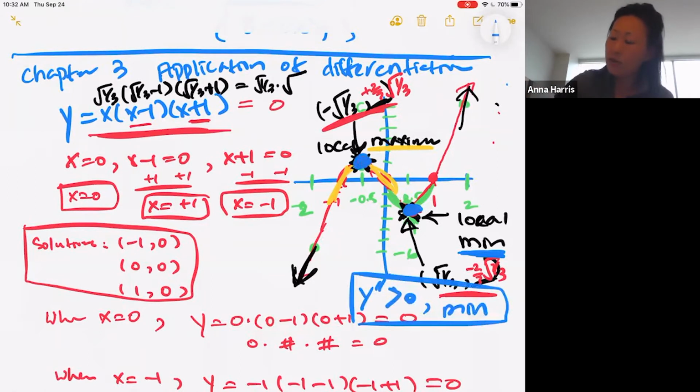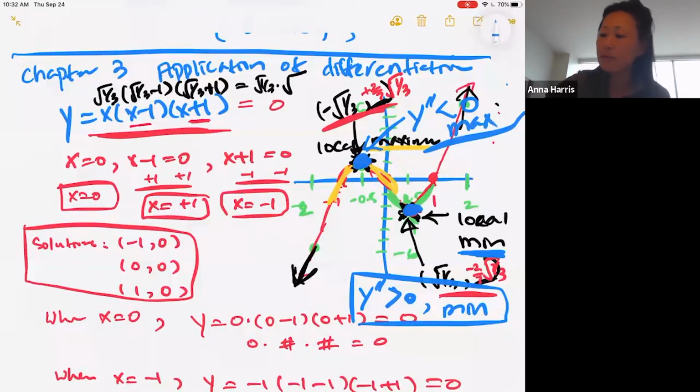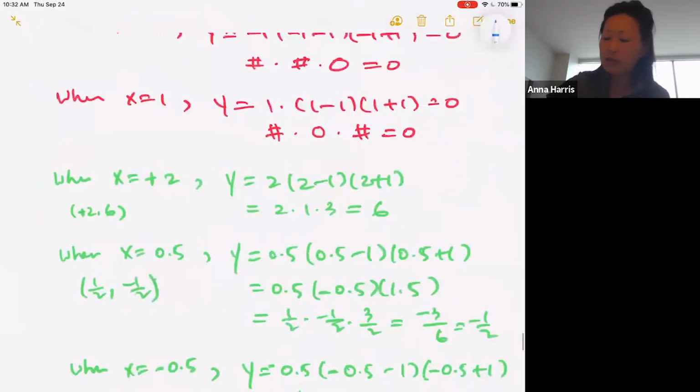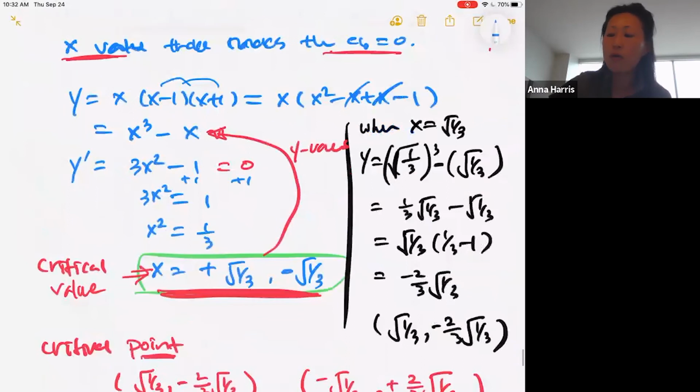And then over here, what happened then? That is definitely a local maximum, isn't it? In this case, as you know, y double prime is what? Less than 0. In that case, you get a maximum. Okay, so I'm going to come down here. Let me just write down our observation.